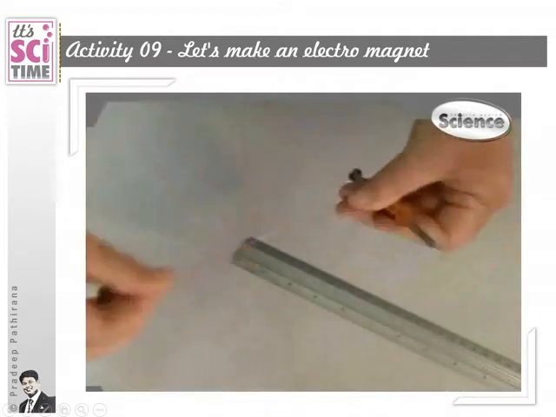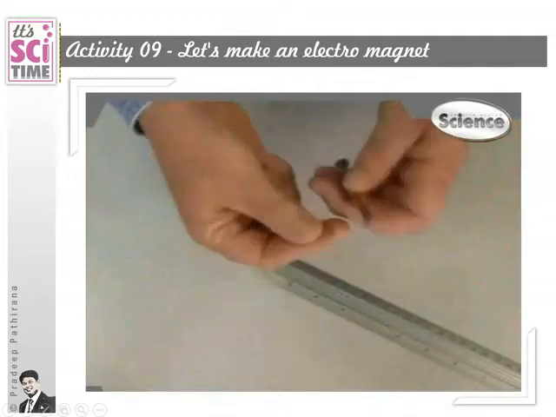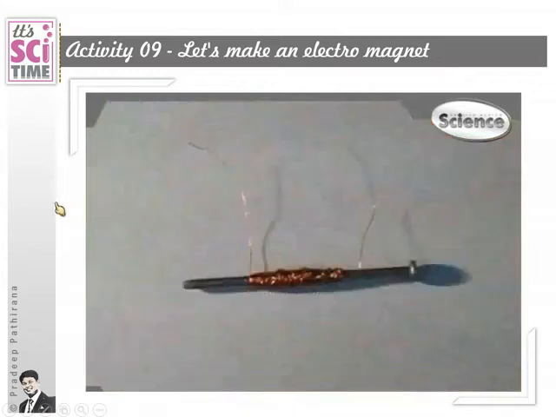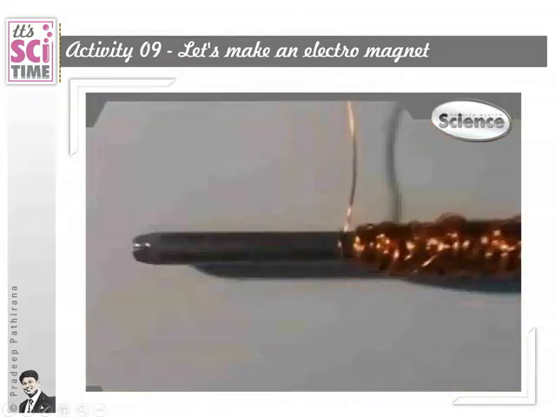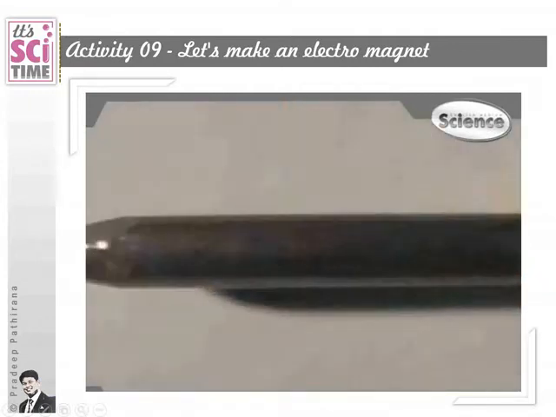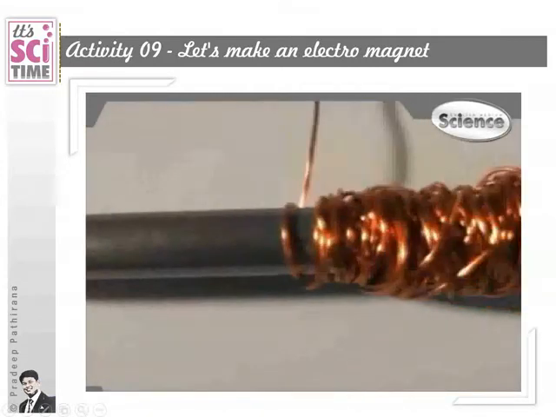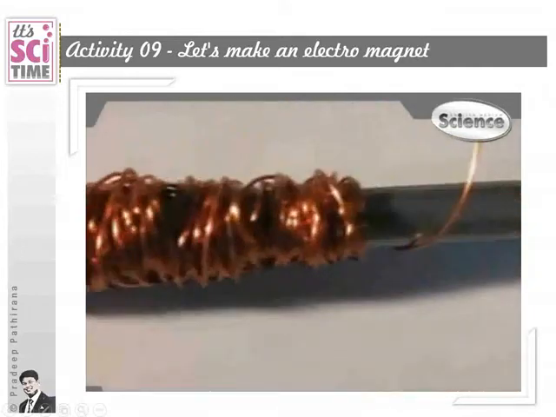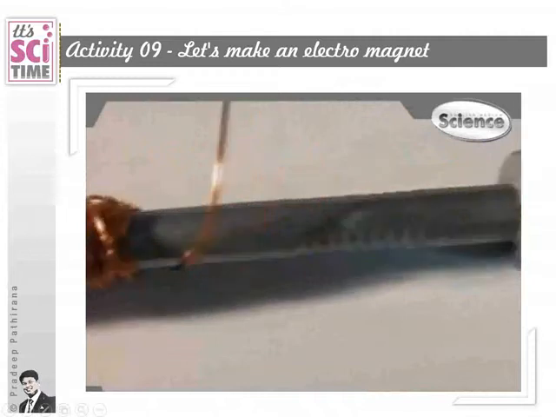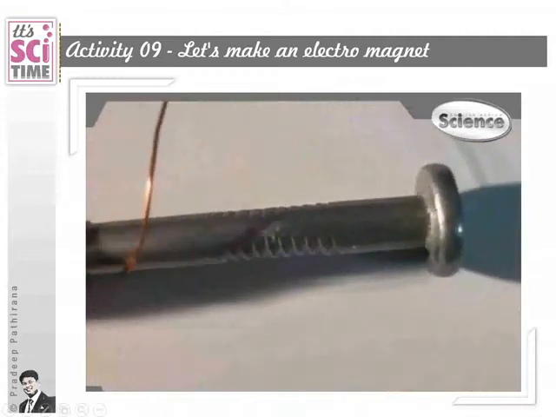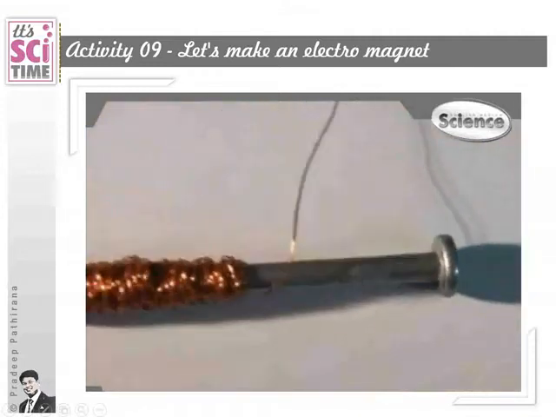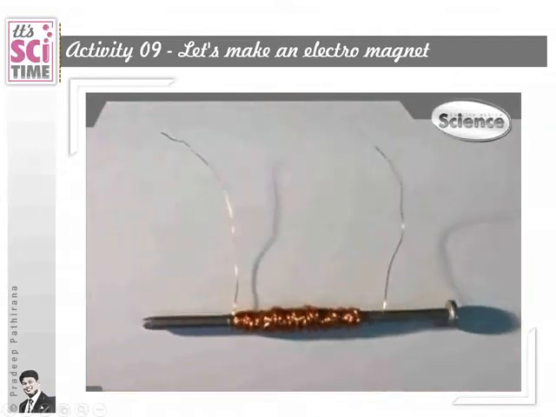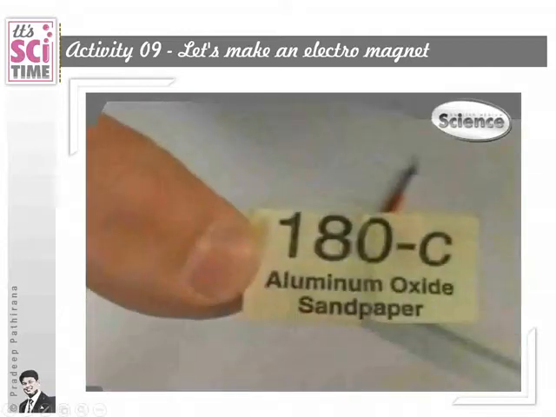And the next fact is, as I mentioned, there is insulation around it, a small plastic coating. Before connecting this to a power supply, we need to clean this up. You can see our solenoid, or the coil made around the iron. The next step is to clean these wires before connecting to the power supply.